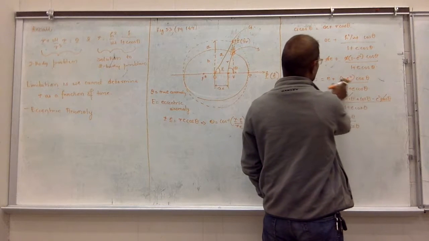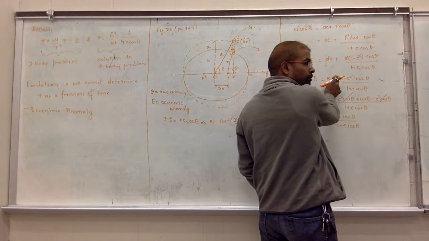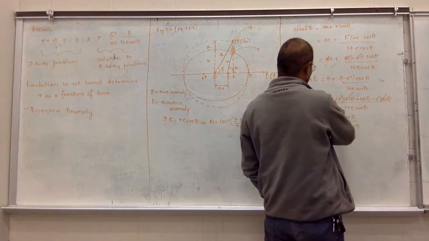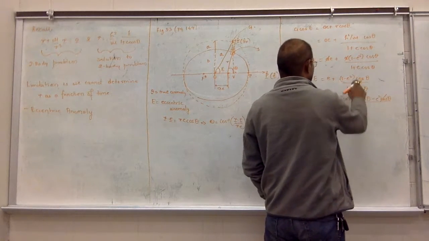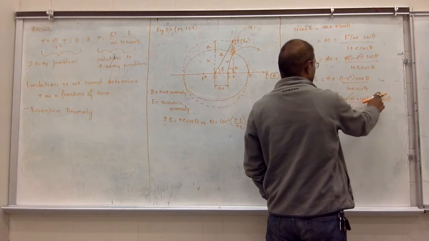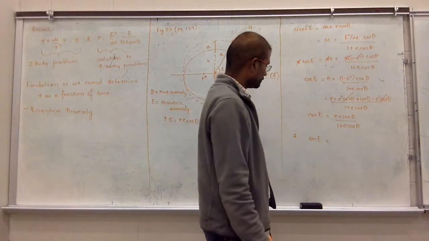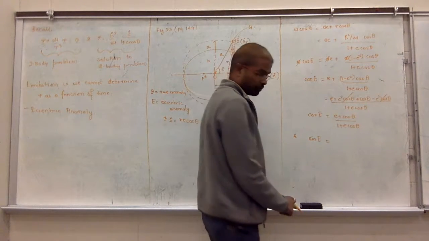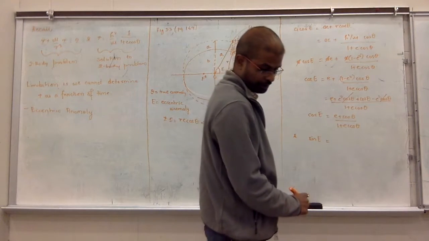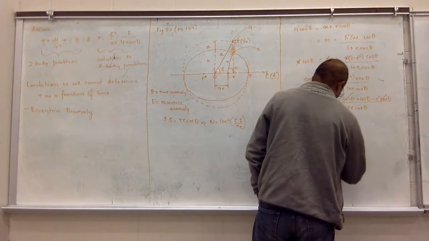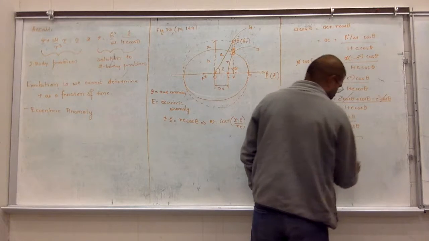Here I multiply this with this, because you have to take this thing, right? So you get E plus E squared cosine theta plus cosine theta minus E squared cosine theta. So this cancels with this. Now I can write this as 1 minus E squared.